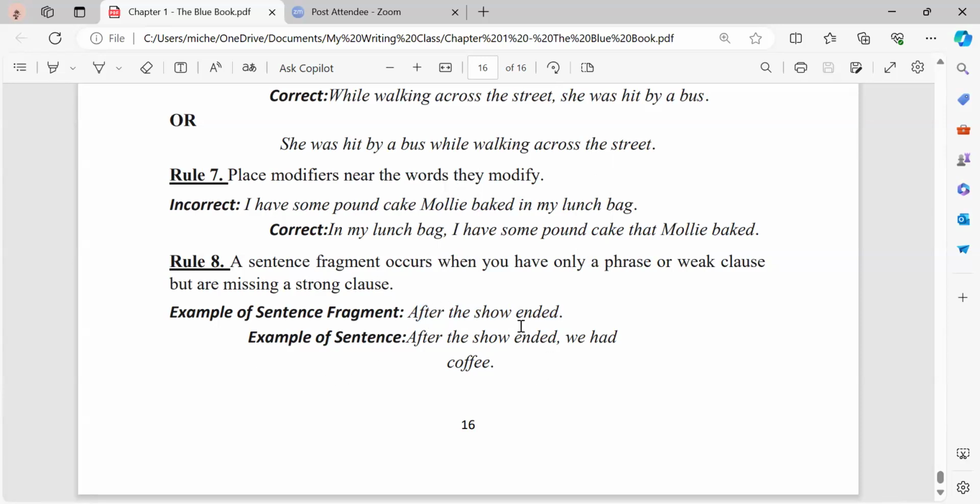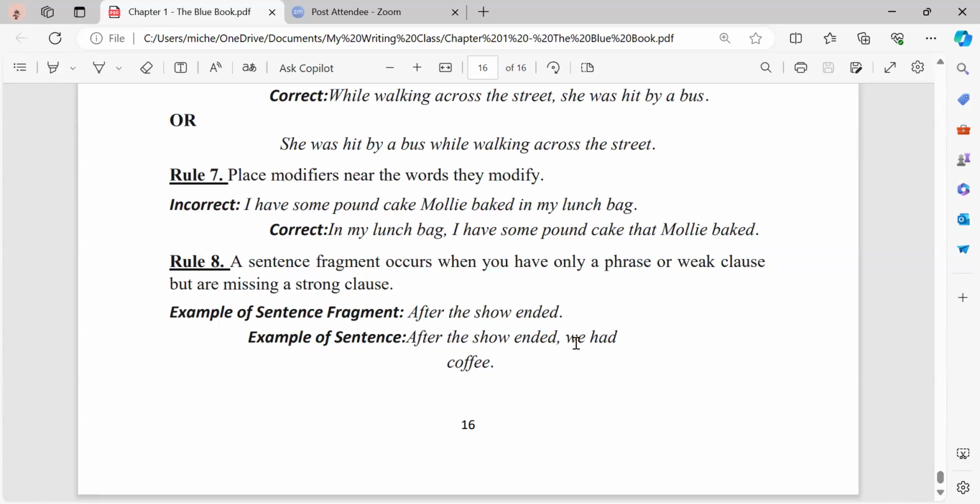So how to make this sentence stand on its own? We have to add something. After the show ended, we had coffee. And we had coffee right here is a strong clause, meaning that it can stand on its own, or we can say it's an independent clause. But when a strong clause is added with the word after, it becomes a weak clause and cannot stand on its own.